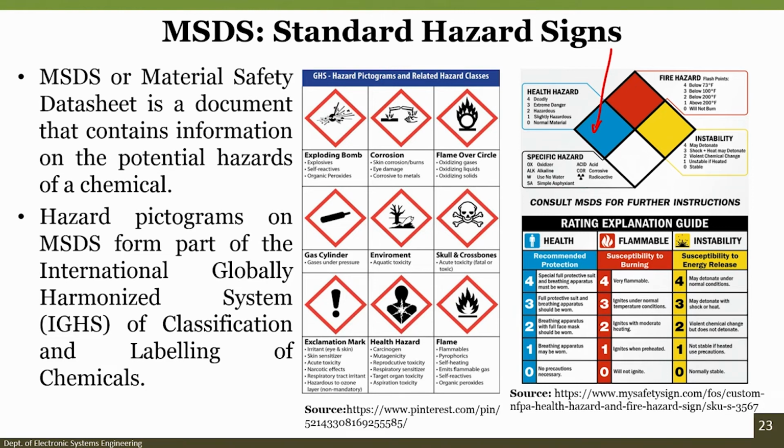This 4, 3, 2, 1, 0 corresponds to everything from deadly to normal. In the case of fire, we have flash points, so if it is 200 degrees, that means before that it will not catch fire, and that is why we have numbering like that.